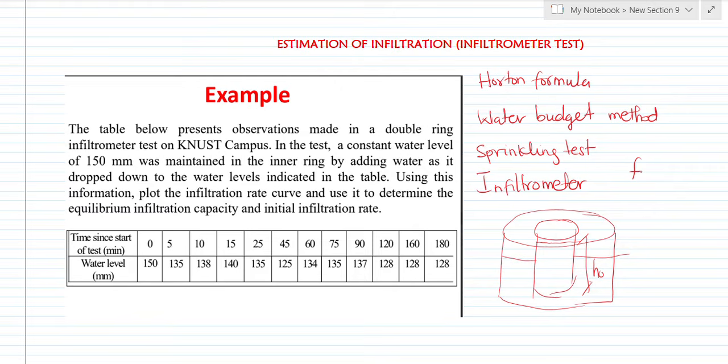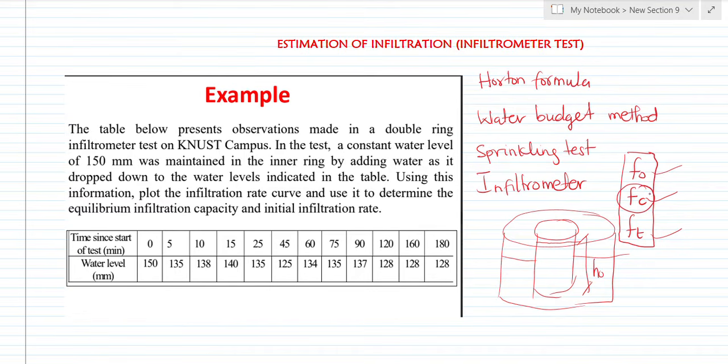We find the initial infiltration rate, the equilibrium infiltration capacity, and the infiltration rate at any particular time. These are the parameters that we use to infer what we want.